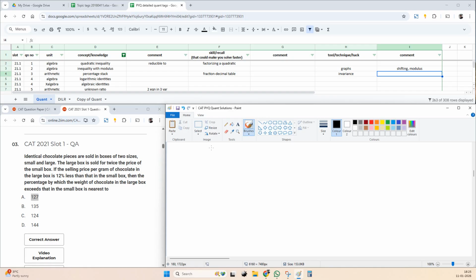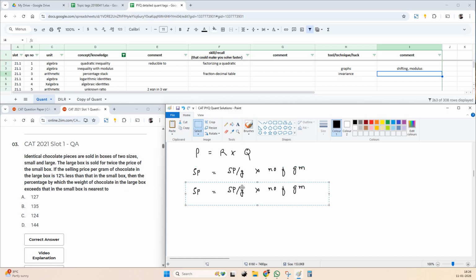So price is equal to rate into quantity is ubiquitous in the entire arithmetic unit. What we're basically trying to say is that the selling price is equal to the selling price per gram into the number of grams, which nobody is going to disagree with. But in these kinds of situations, you want to understand that this is true for the large box.